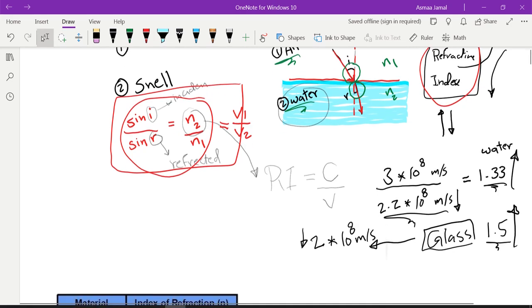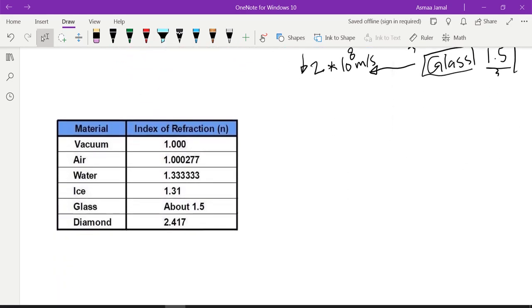Each medium has a different refractive index and it's constant, which means always the refractive index in vacuum will be 1, in air almost 1, and that's mostly why we take the refractive index of air and the speed of light in air in normal problems as the vacuum. And each one of those media, water, glass, has a constant refractive index.